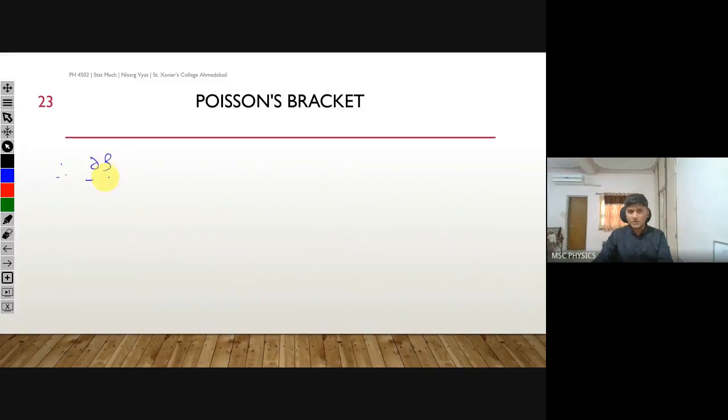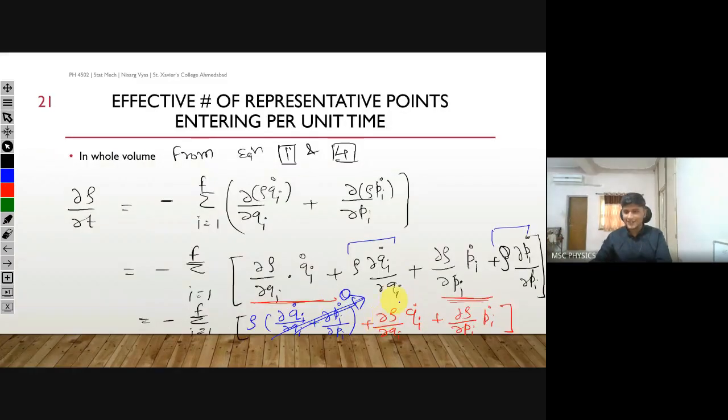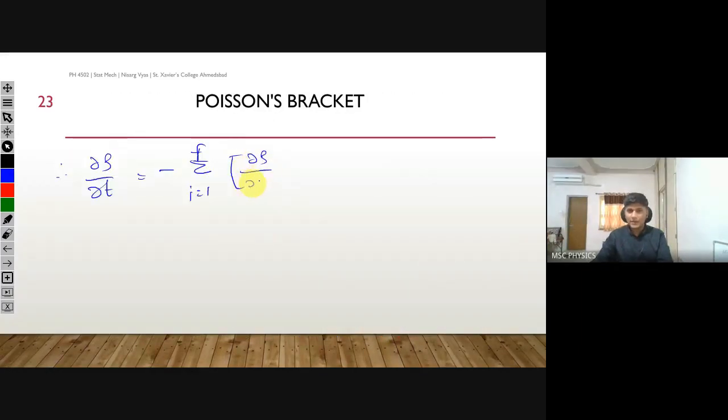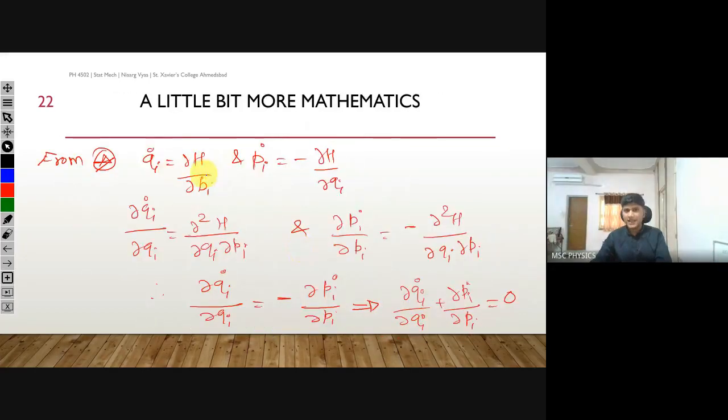So del rho by del t equal to minus of sigma of i equal to 1 to f, sorry. I know it is boring mathematics, I know. Yes, I can sense your feelings. Del rho by del Qi, and in place of Qi dot, what I'm writing is del H by del Pi.